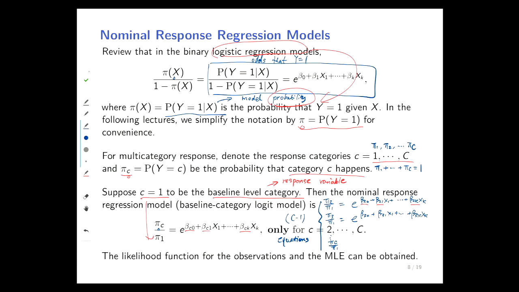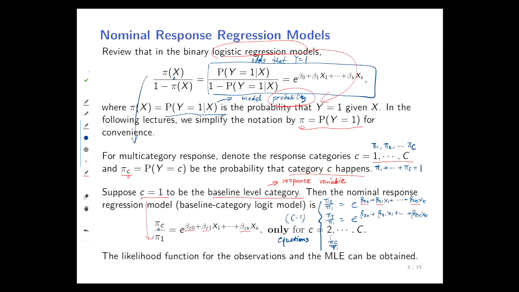So that's the difference between the nominal response regression and the classical binary model. But binary is actually a special case of the nominal response. So you can have a look. What's the binary model?